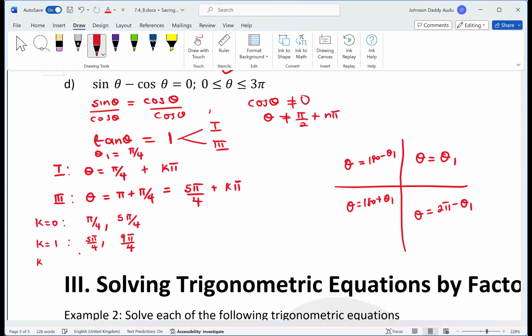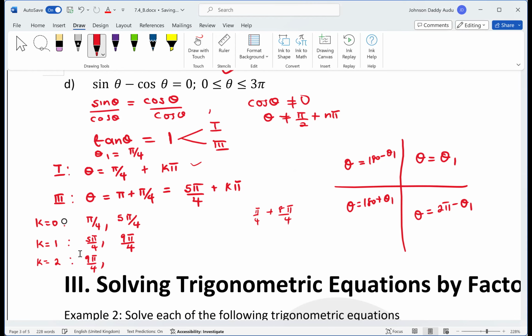So let's consider when k is 2. If k is 2 from the first quadrant, we will have pi over 4 plus 2 pi, right? But 2 pi we can write as 8 pi over 4, which is still going to give us 9 pi over 4.